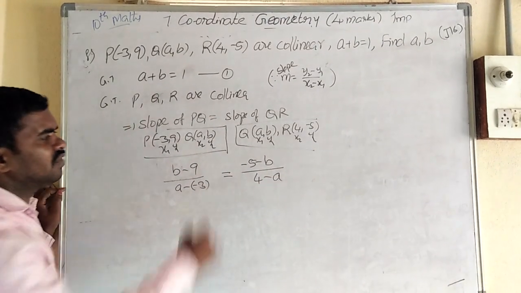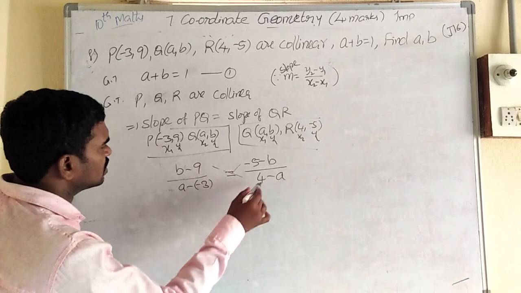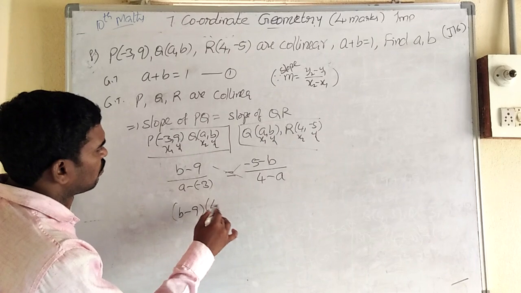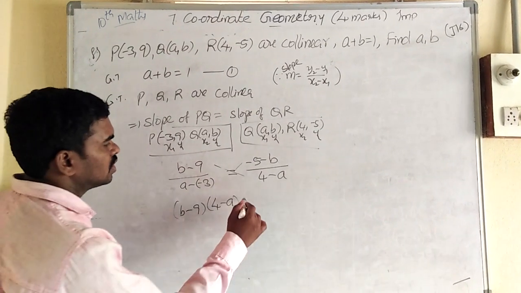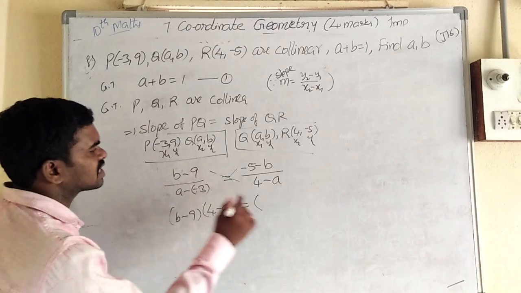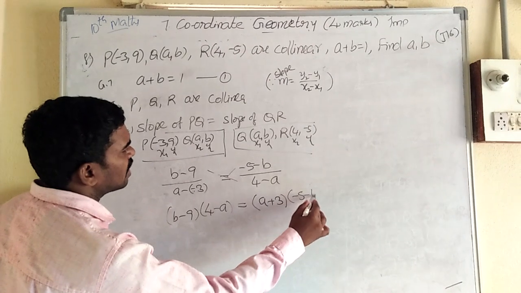We have to simplify this by cross multiplication. b minus 9 into 4 minus a is equal to a plus 3 into minus 5 minus b.